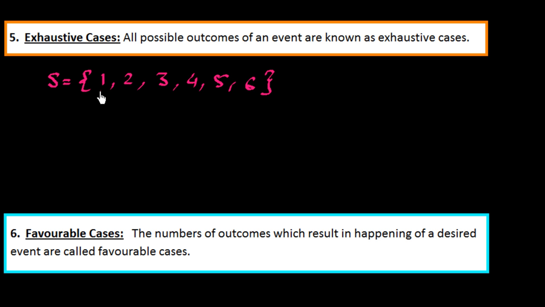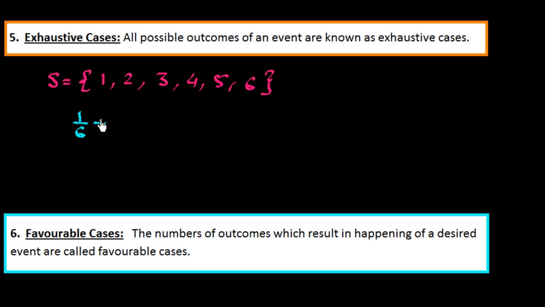These are all the possible outcomes also. So these make the exhaustive cases. If we add the probability of each, we always get 1. If you want to know the probability of getting 1, it is 1 over 6.